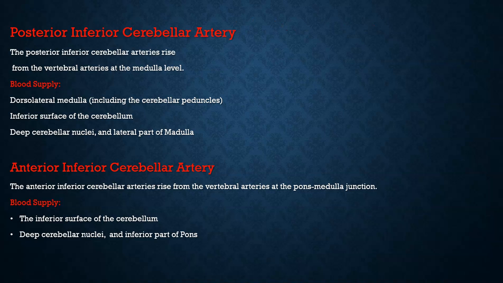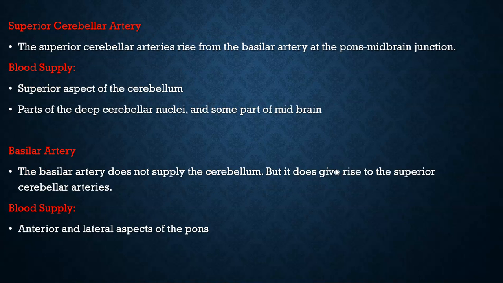As we mentioned before, PICA was supplying blood to the lateral part of the medulla and the posterior inferior part of the cerebellum. The anterior inferior cerebellar artery, AICA, was supplying blood to the inferior part of the pons and the anterior surface of the cerebellum.